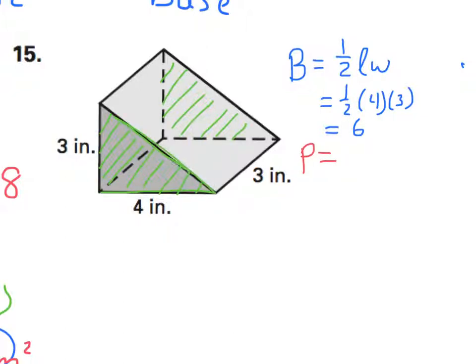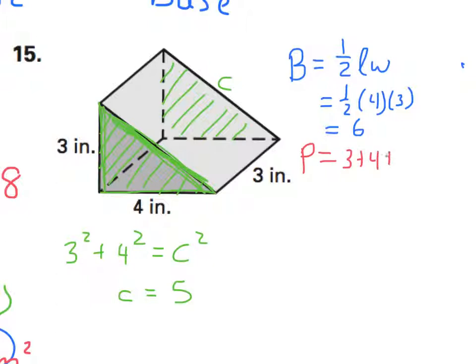So I need to know this side right here to find the perimeter. Well, I recognize I have a right triangle, so I can use Pythagorean theorem to find out this hypotenuse. Turns out this is a Pythagorean triple, so my perimeter is the 3 plus the 4 plus the 5. All right, so my perimeter is a beautiful number, and it is 12.